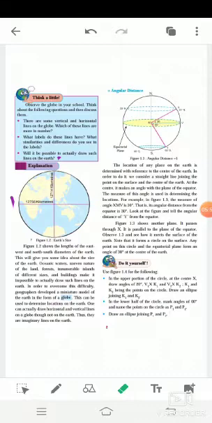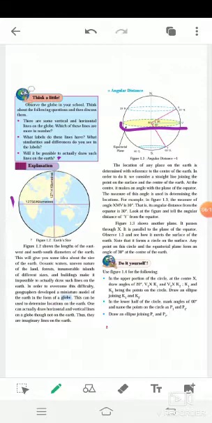These are the imaginary lines on the earth. I will tell you about these imaginary lines in the further paragraph. This is the angular distance.